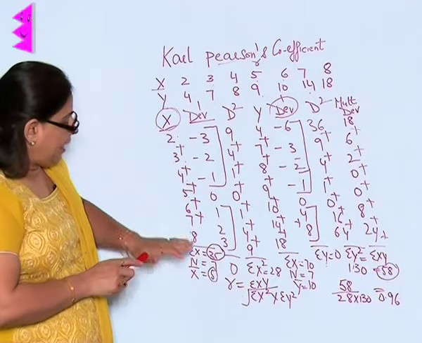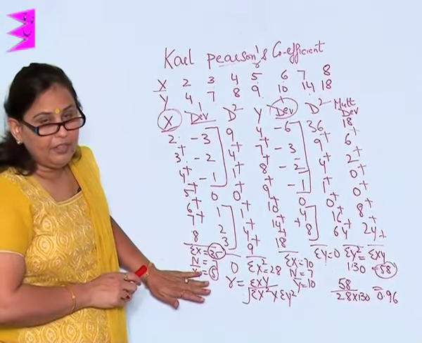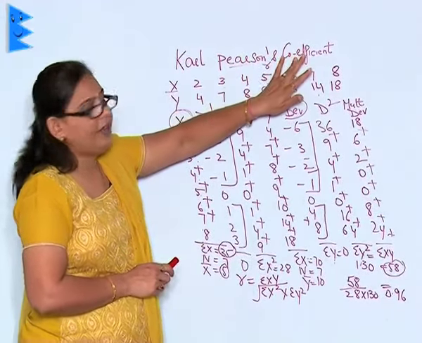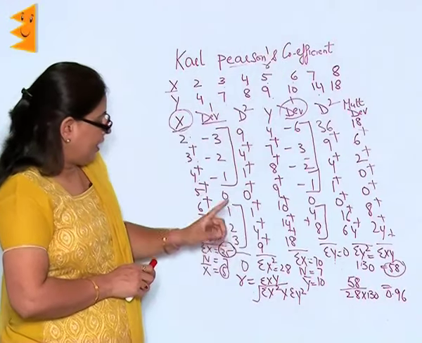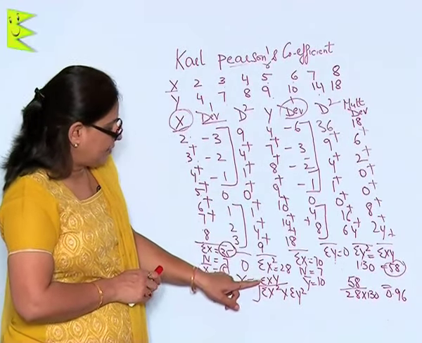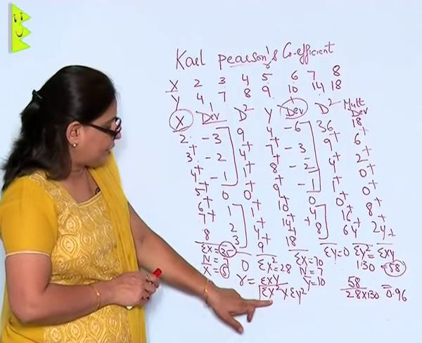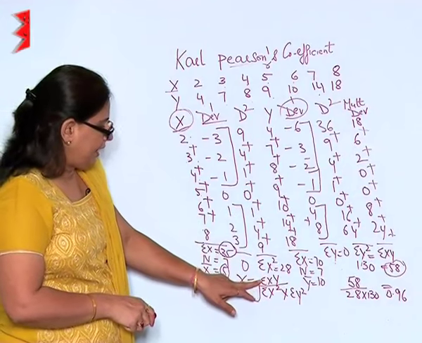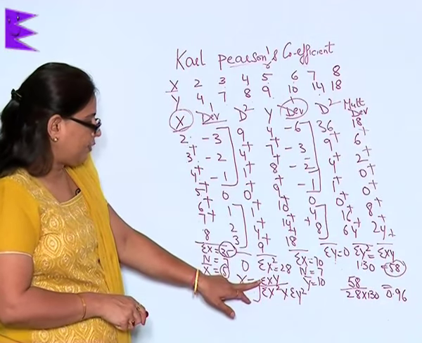Now I have everything in hand, and the formula that I have to apply to find out the Karl Pearson's coefficient of correlation is that the correlation is equal to sigma xy upon the square root of sigma x square into sigma y square. Now sigma xy, where is my sigma xy?